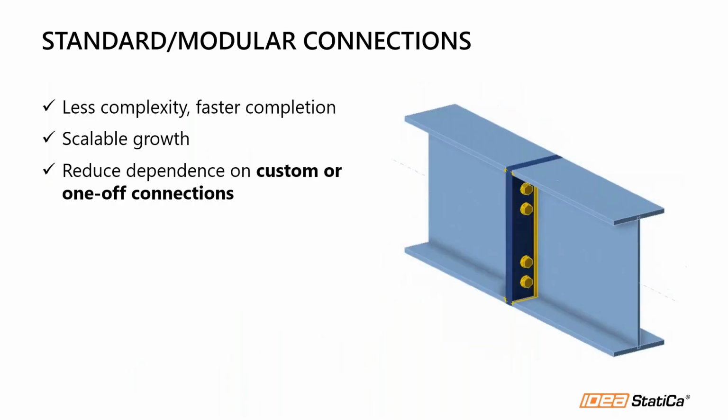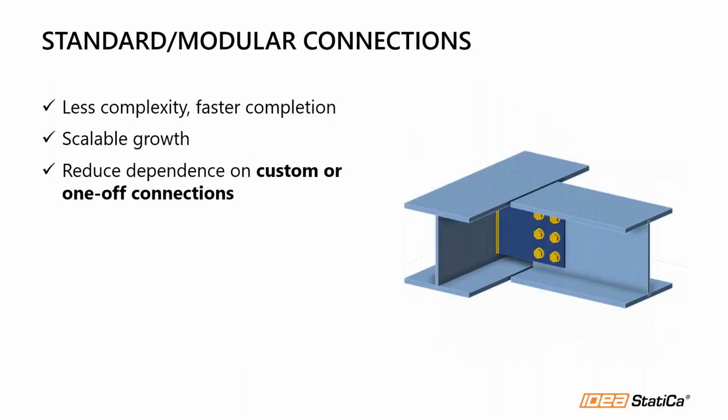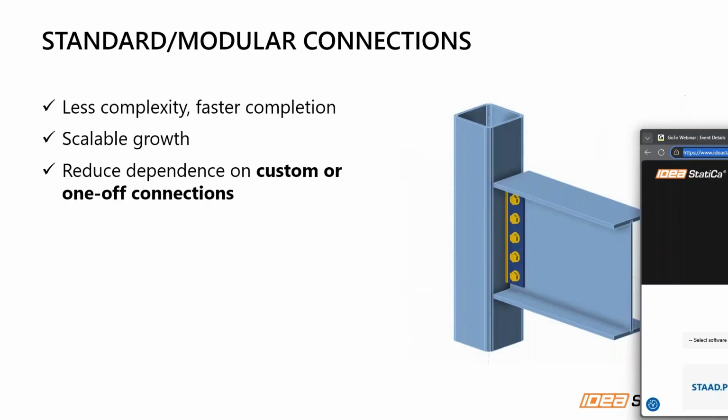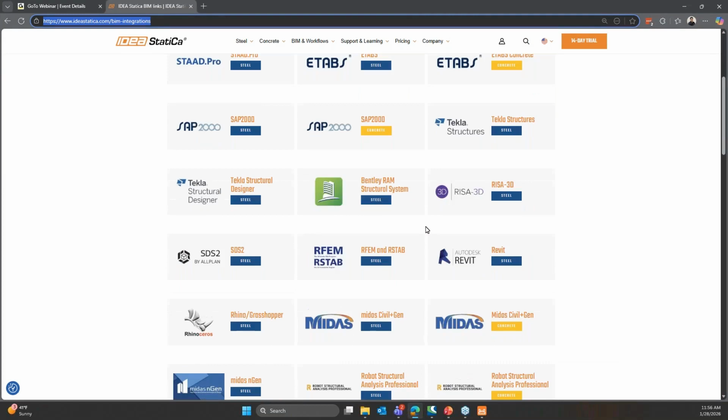Alrighty, one of the questions that I saw is, can the loads be imported from another software like RAMP? So to quickly answer that, and short answer, that is yes. I will highly recommend everyone who's interested in importing your loads to go to our website and head on to the BIM integrations. From here, you will be able to see all the different global analysis software that we're able to integrate for you to bring in all that good information into the software.